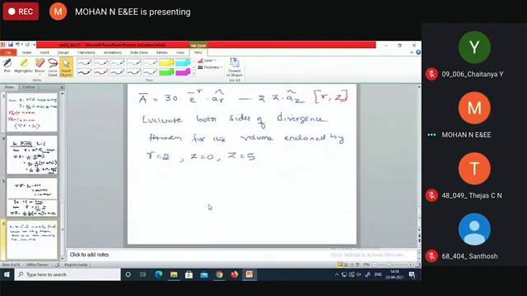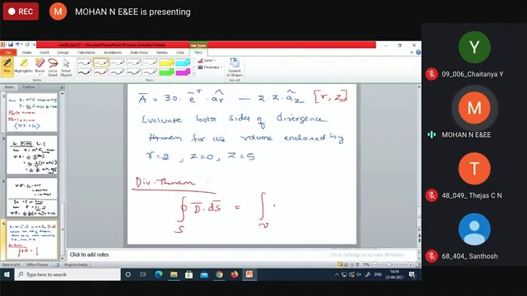The closed loop surface integral of D vector dot dS vector can be reduced to the volume integral of the divergence of D vector over the entire volume dv.